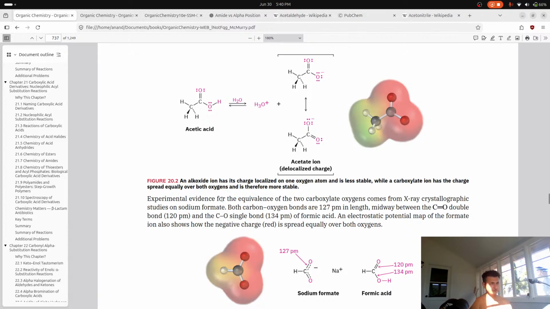Experimental evidence for the equivalence of the two carboxylate oxygens comes from X-ray crystallographic studies on sodium formate.